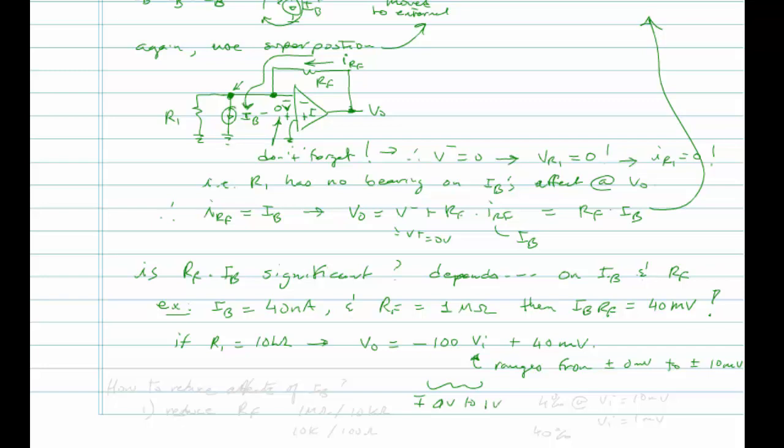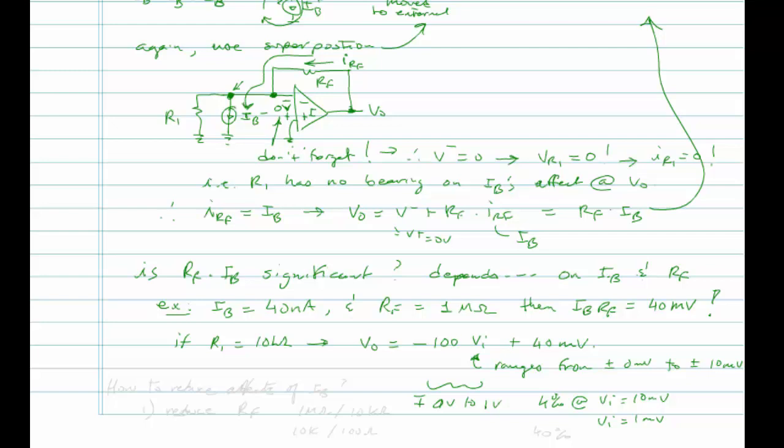When VI is at its maximum value such that you're putting out 1 volt, well, now 40 millivolts out of 1,000 millivolts is, what is that? That's 4 out of 100. That's 4%. Right? But this is at VI equal to 10 millivolts. At VI equal to 1 millivolt, we would actually have minus 100 times a millivolt, so that would be minus 100 millivolts.